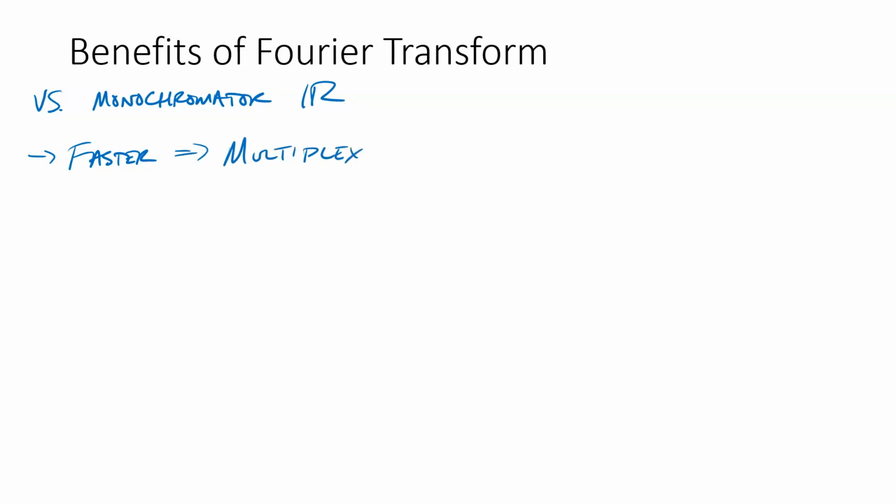Think about in UV vis, when we discussed diode array UV vis, we can take all of those wavelengths at once, right? That light is spread across that diffraction grating and then into each of those set of diodes. And so as long as we have enough diodes, we can take the whole spectrum at one time, and we don't have to scan our monochromator.